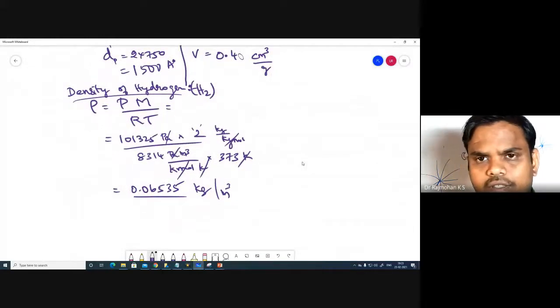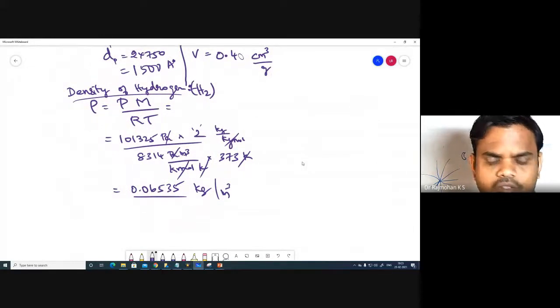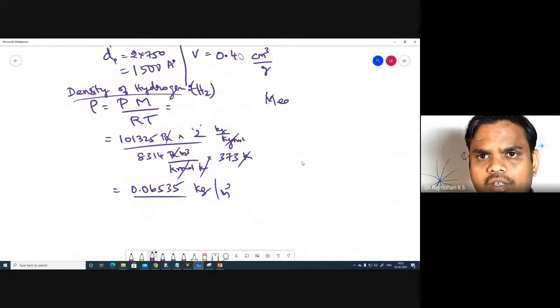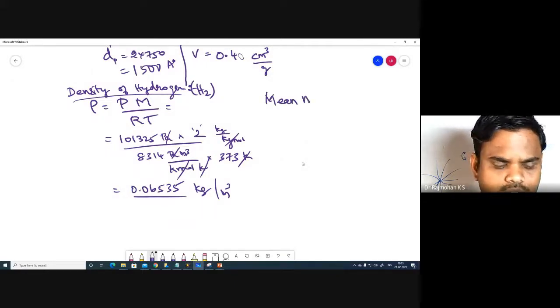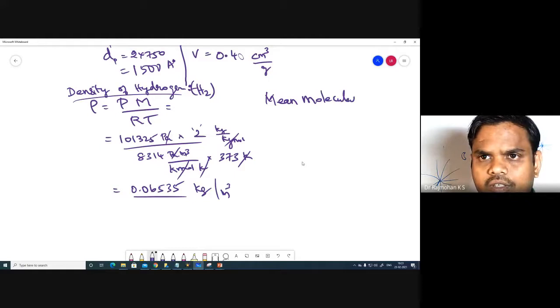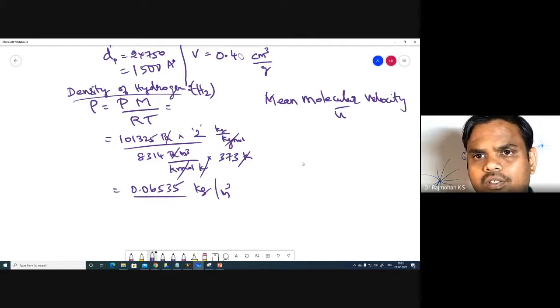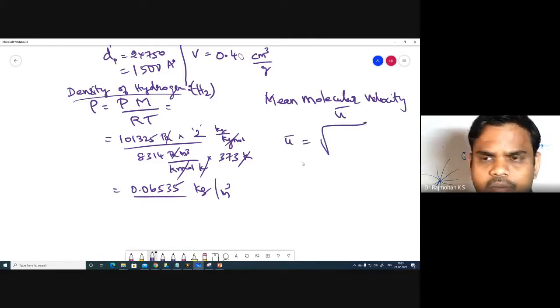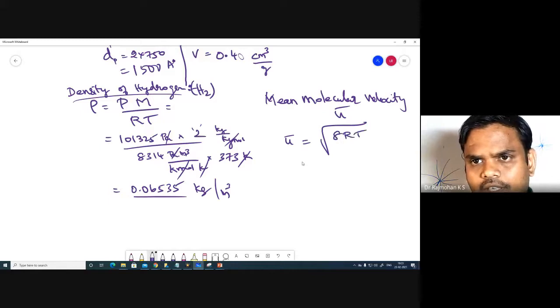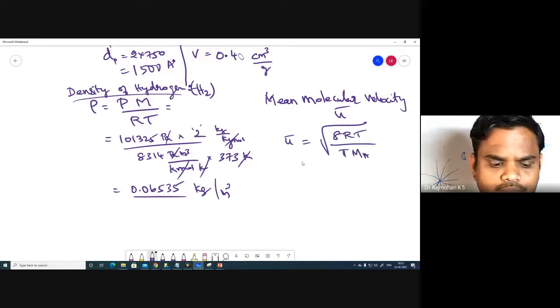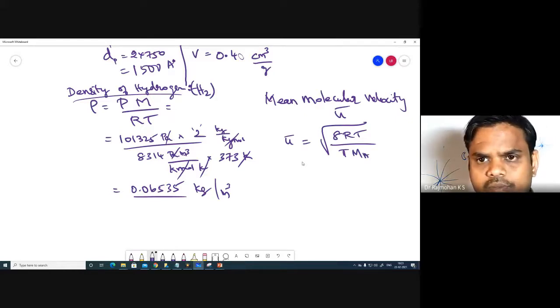Please write mean molecular velocity, that is average molecular velocity U bar. U bar is given by the square root of 8 RT divided by pi into MA. Please write the formula and substitute the values.